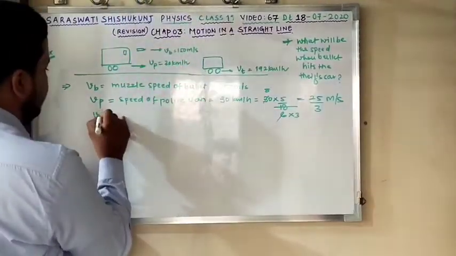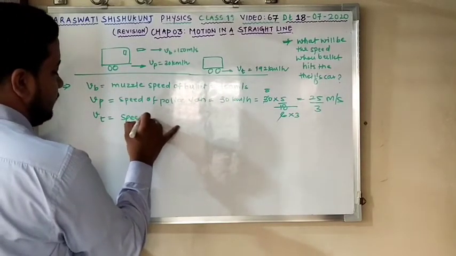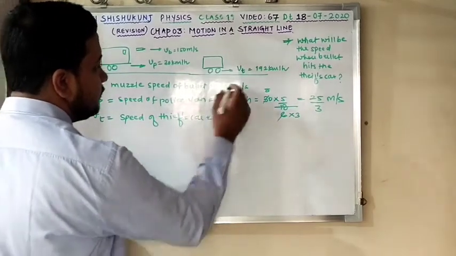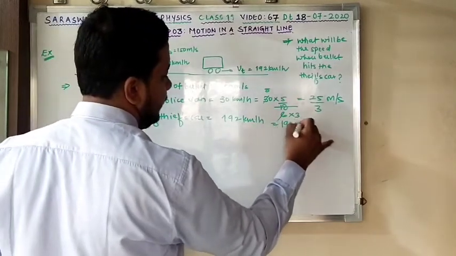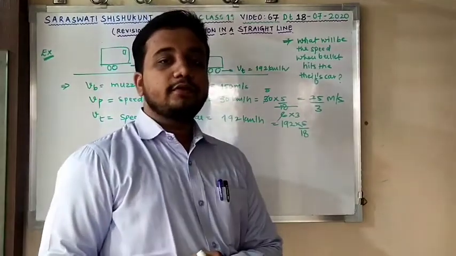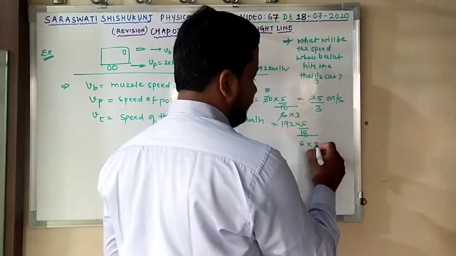Moving ahead, I do have VT, the thief's car speed. You can write speed of thief's car. And that is found to be how much? 192 km per hour. So 192 into 5 by 18. Clear? So here I can write 6 3s are 18.